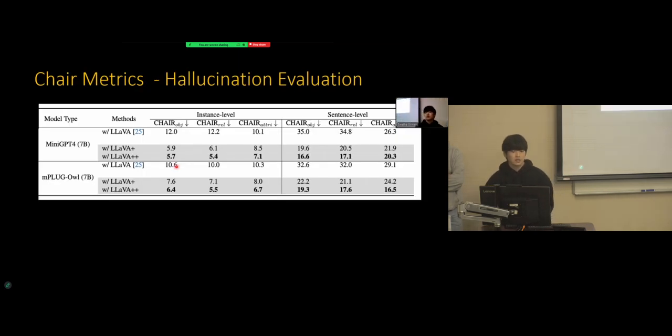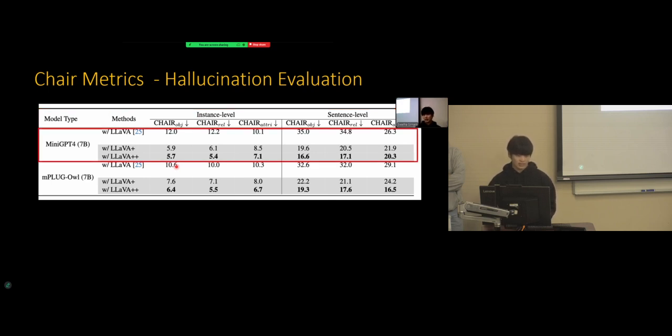So this is the first experimental result about the hallucination evaluation. As I mentioned, they use MiniGPT-4 and mPLUG-Owl as the baseline models. And they also adopt the CHAIR metrics for the instance level as well as the sentence level evaluation. So you can see the result.